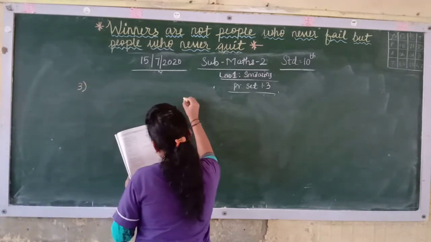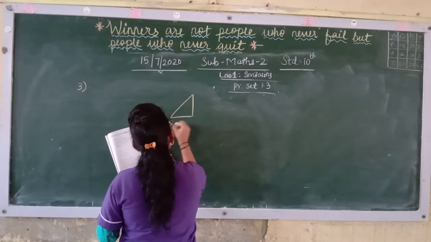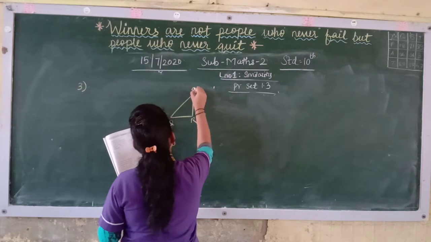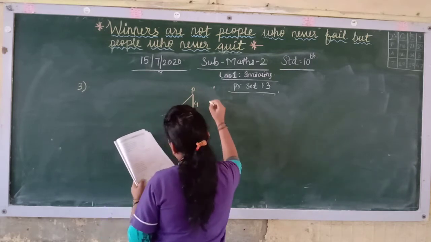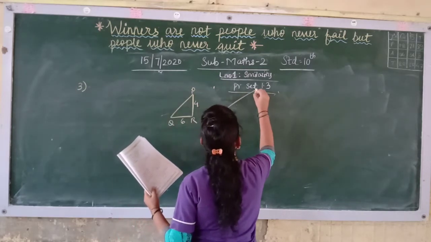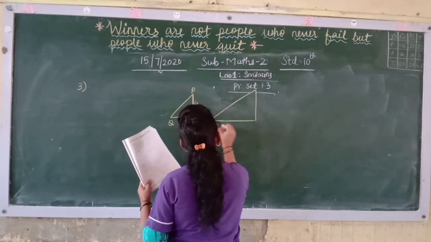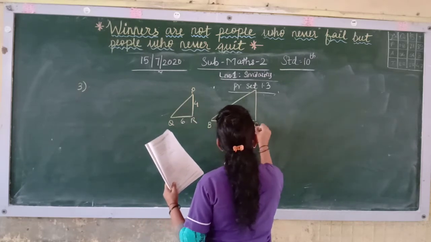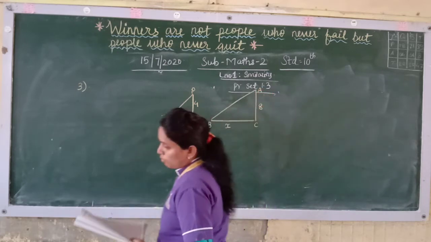I'll make the structure, and these are the figures over here. So they have given Q, R, P. Here it is 4, here it is 6. And then this is the bigger one. Here it is B, here it is X, C, A. So this is A and this is 4.